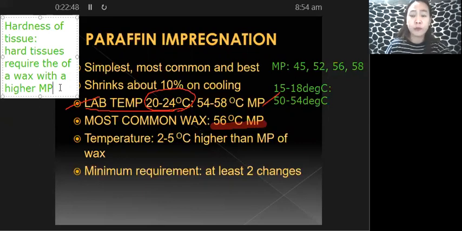If you are handling hard tissues, then the melting point of your wax should be higher.